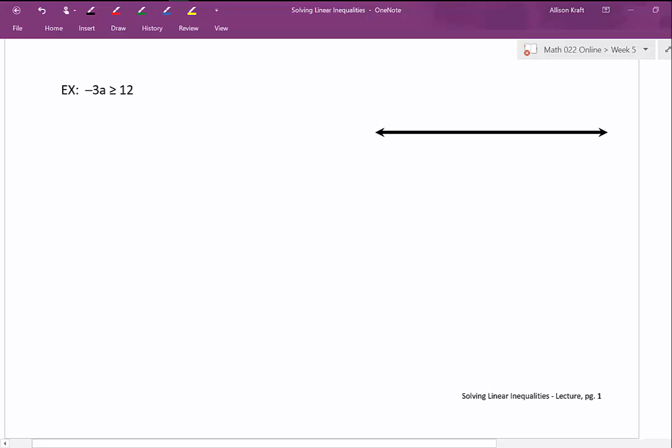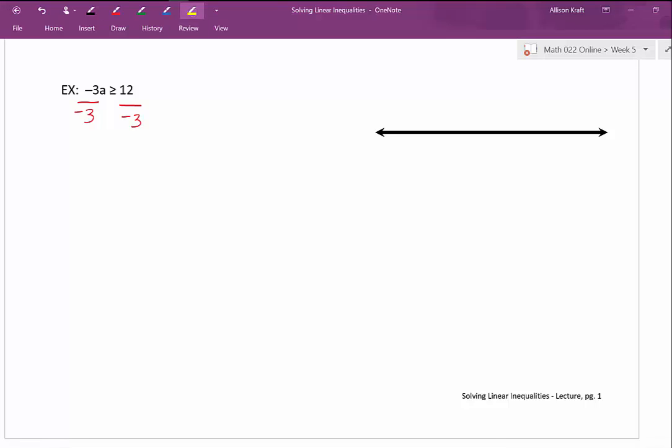Our next inequality to solve is -3a is greater than or equal to 12. We have no parentheses or fractions to eliminate, no like terms. Our variable terms are on the left. Our constant terms are already on the right. The only thing we need to do to solve here is to divide by -3.